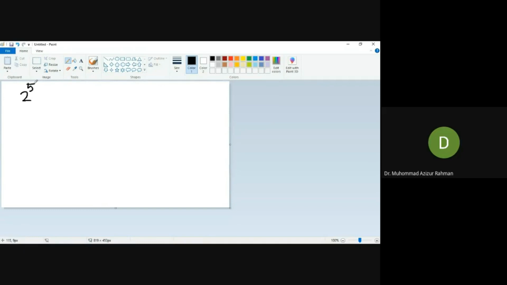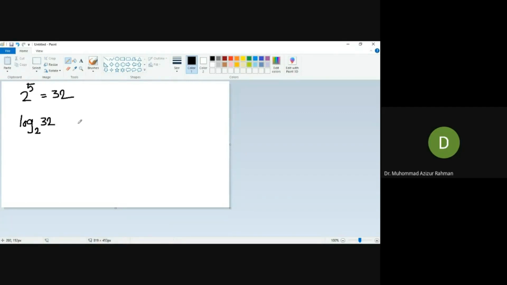So if we want to express this in a logarithmic function, then we can write log base, then the result of the previous one, equals 5.